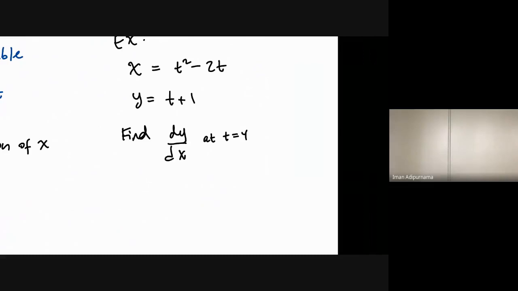If you plug in 4 here, it just tells you the position. If t is 4, y is 5, x is 16 minus 8, it's 8. So the point is (8, 5).